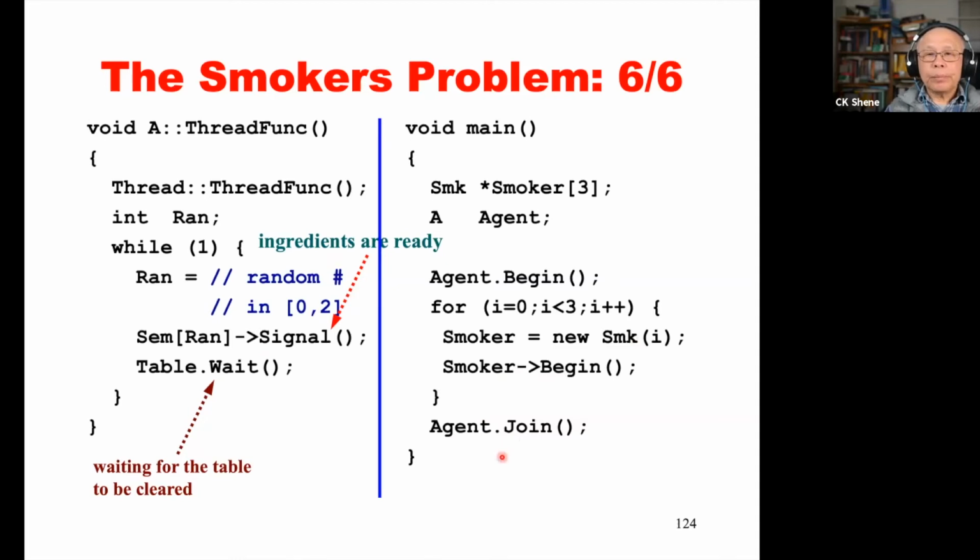Then we did some discussion here. Even though the agent and all 3 smokers iterate forever, we still need a join here. Why? Hope you understand it. Think for a while before you hear my explanation.